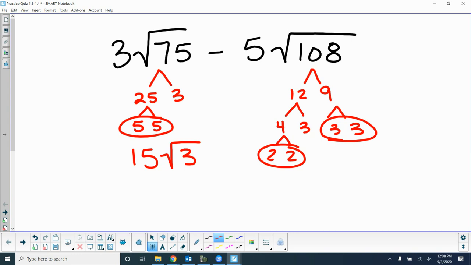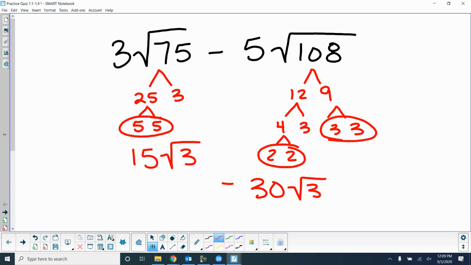Kendra, what'd you do with the 2 and the 3? Right, so the 2 and the 3 will come out, multiplying with the 5, or the negative 5, like you said, which would be negative 30. And we have a 3 left over.